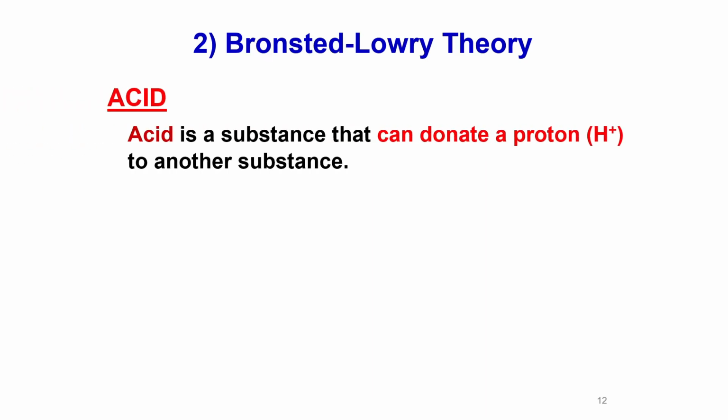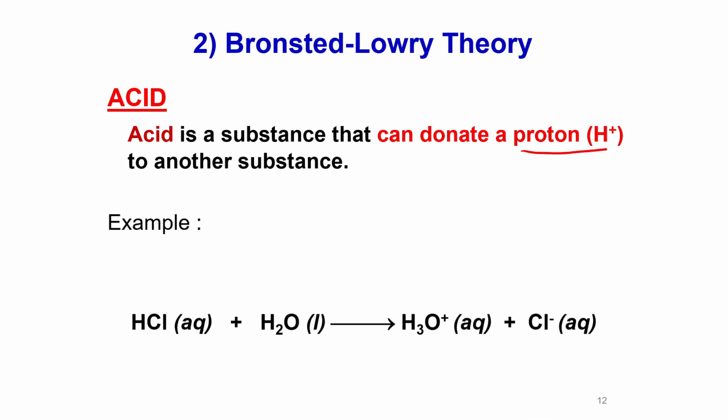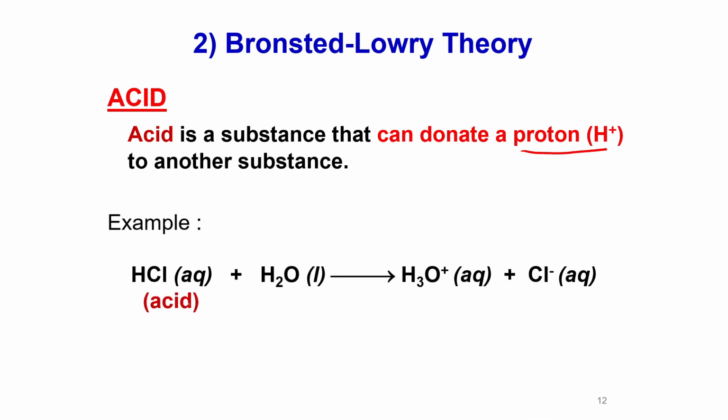According to Bronsted and Lowry theory, a substance that donates a proton. So kalau dia nak donate proton, meaning that substance mesti ada extra hydrogen. Dia ialah Bronsted and Lowry acid. Okay, for example, we are using the same equation. So HCl dia ada hydrogen.